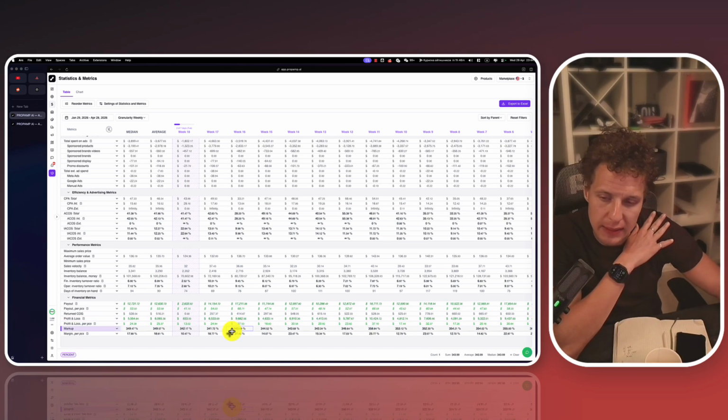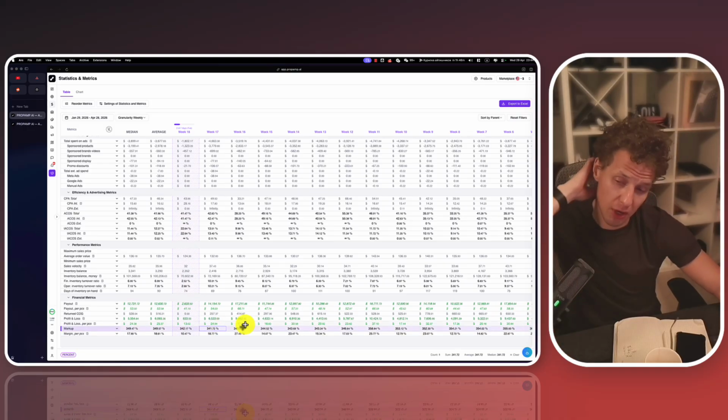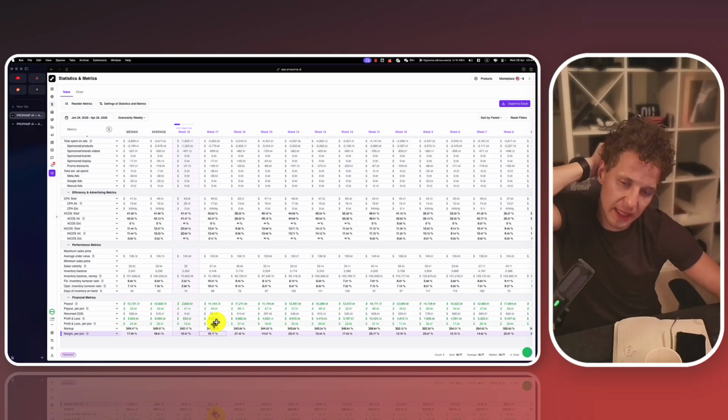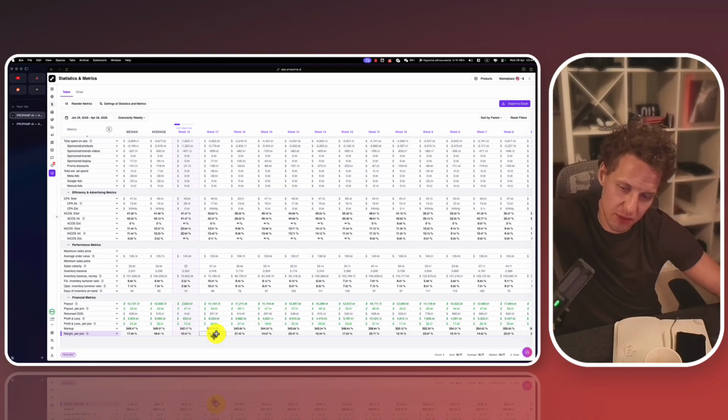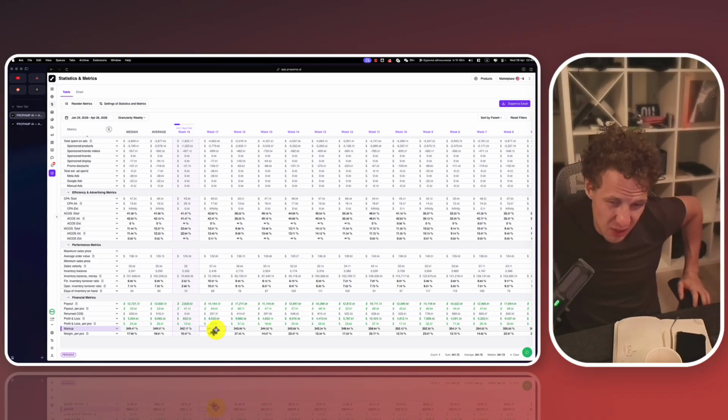And the last two metrics, we have the markup and contribution margin in percent. Essentially, contribution margin in percent is the rate of a dollar amount in percentage terms, and the markup is how much your final price is bigger than your COGS. In most cases, it's roughly 400%.